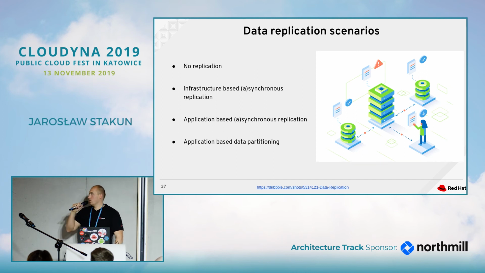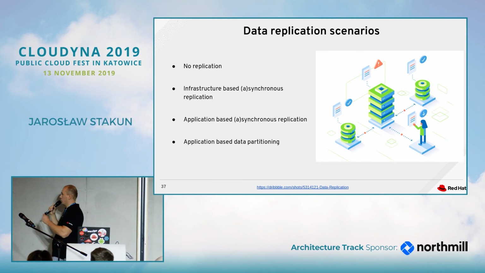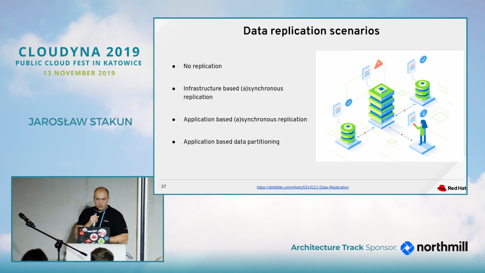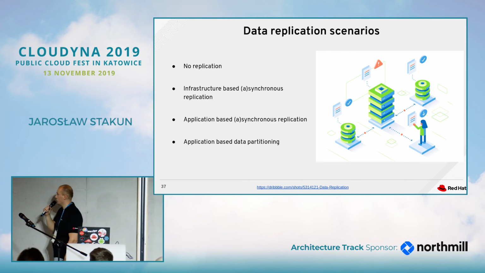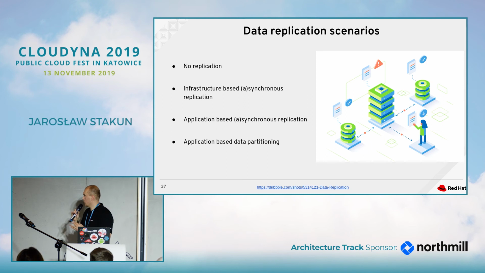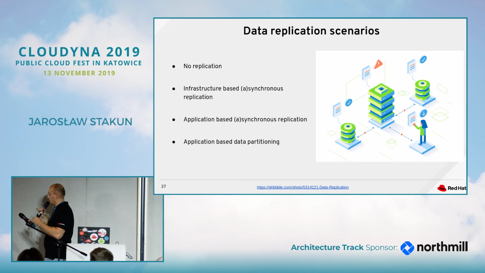These are separate storage infrastructures with different technologies, so typically it is not possible in a multi-cloud scenario. So you have to rely on application-based synchronization or replication. And again, there are two options: either you replicate data between different data centers, or you partition your data so that one data center just stores some subset of your data.